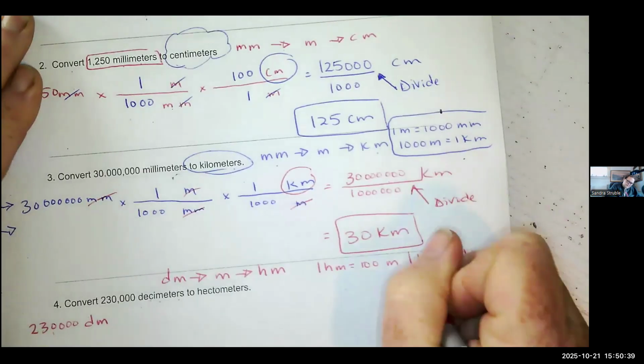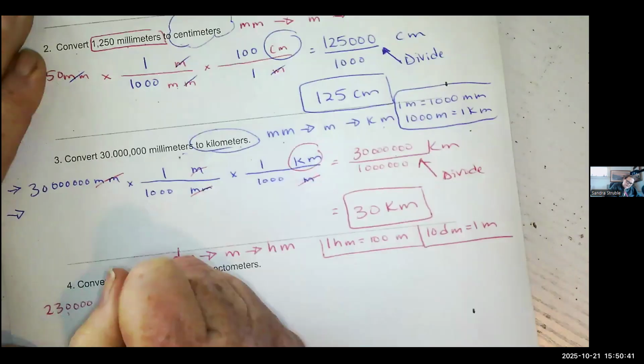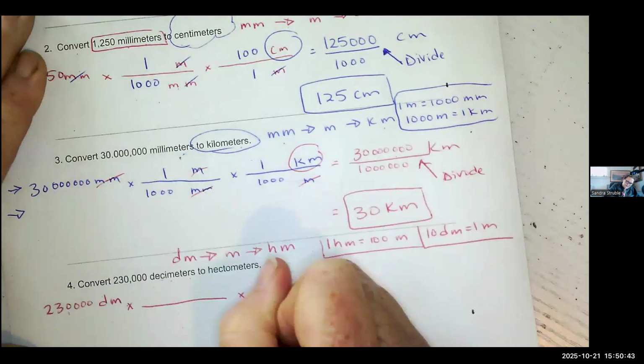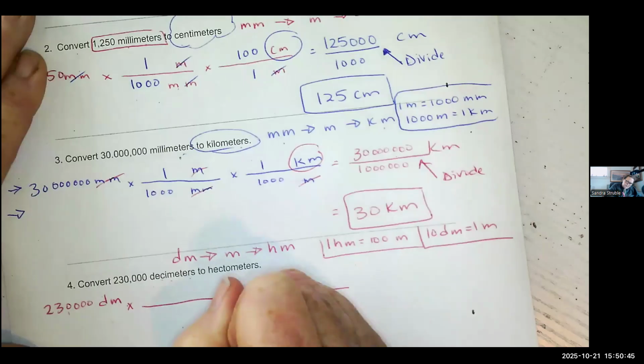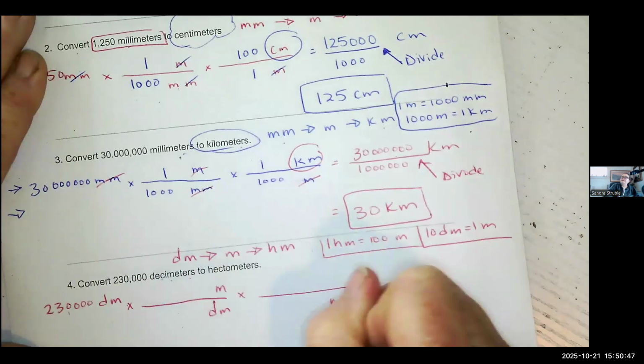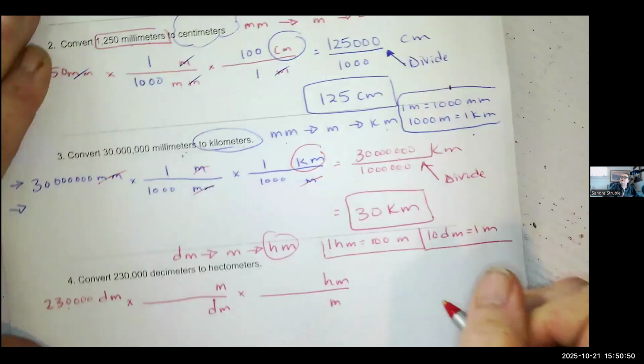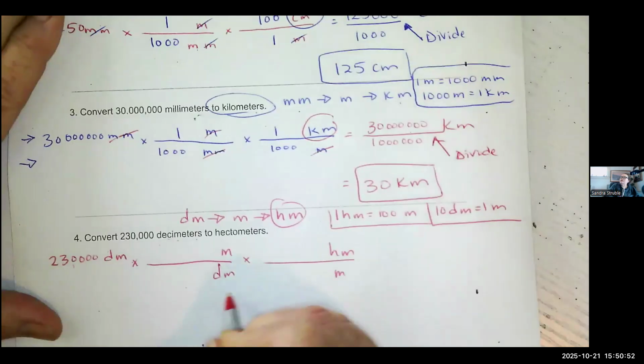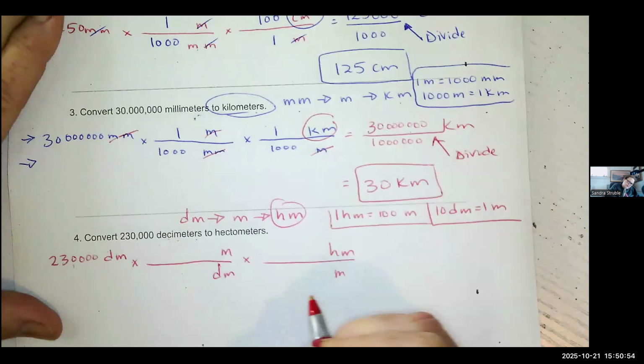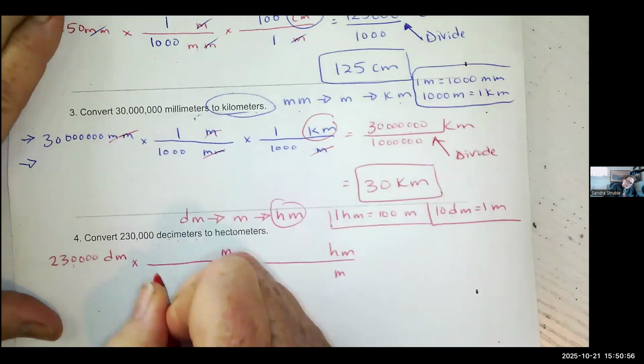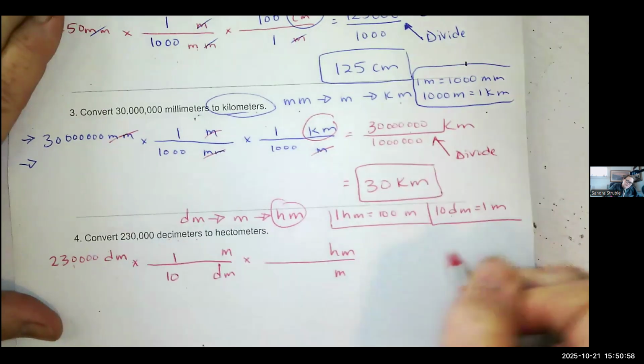Starting with decimeters, I'm going to get rid of decimeters and go to meters. Get rid of meters and go to hectometers. Once I get that, they're going to cross out properly, so plug in your numbers. 10 decimeters, 1 meter. 100 meters to 1 hectometer.